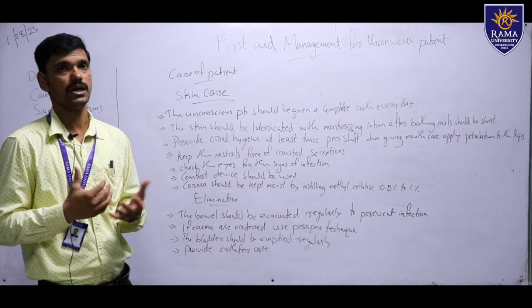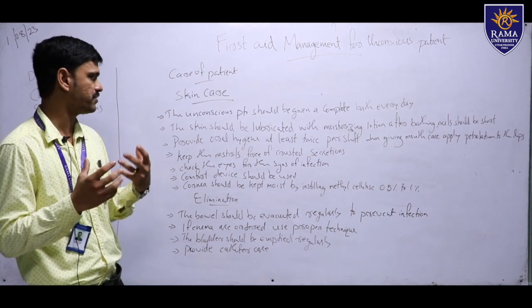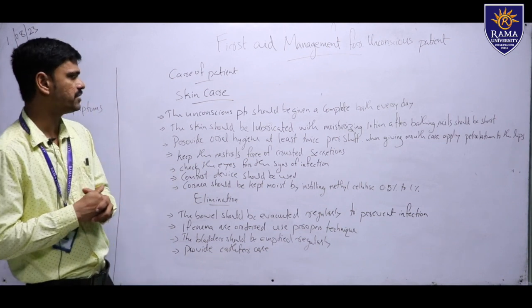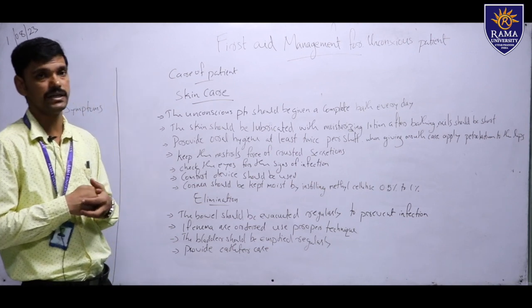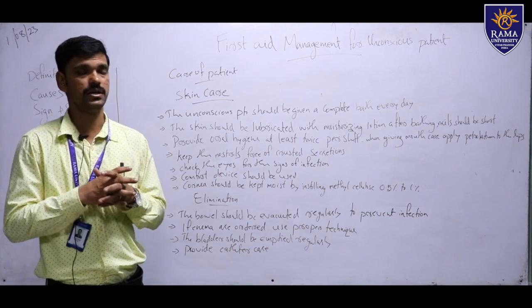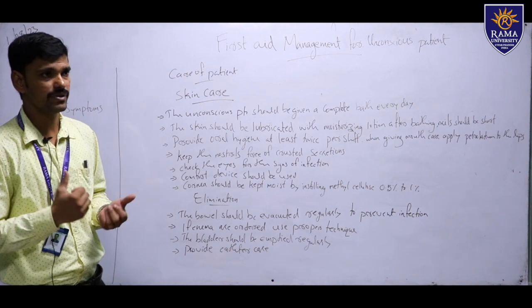Keep the nostril free from any kind of crusted secretions, and check the eyes for the signs of infection and irritation. Frequently you have to check the eyes for any kind of infection or irritation.